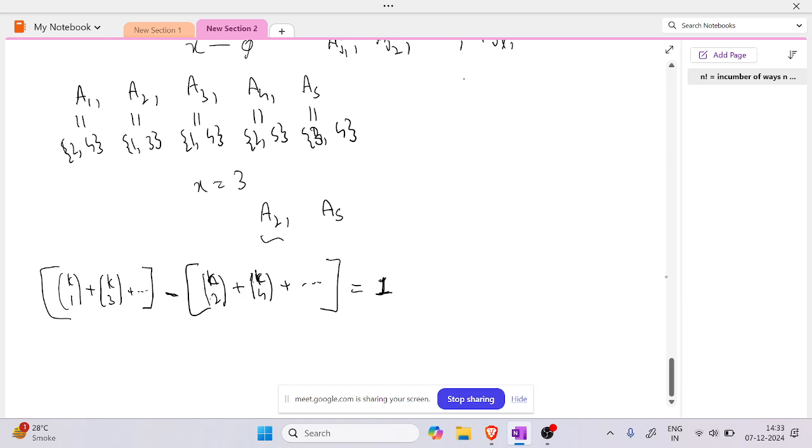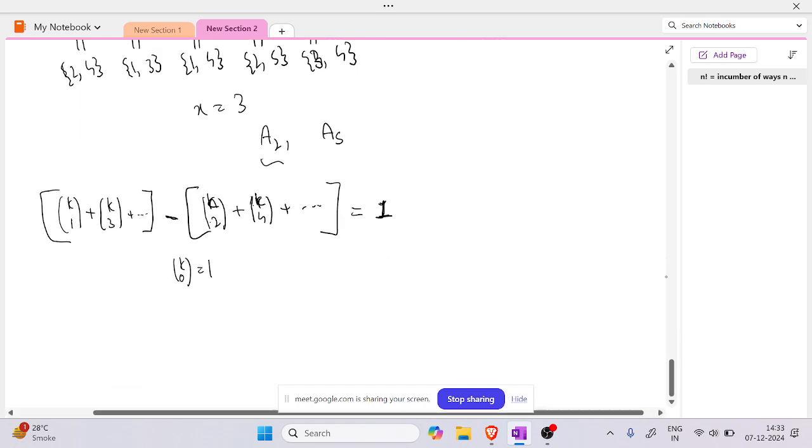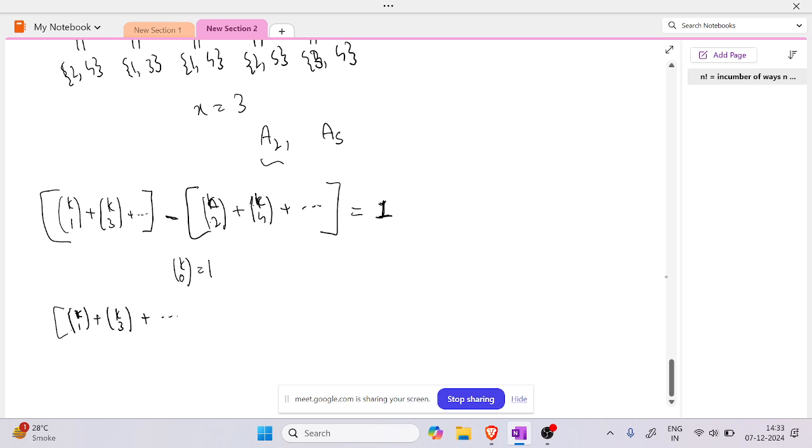So let's assume that we added kC0 as well, and kC0 by definition we saw above is always 1. So we now need to show that kC1 plus kC3 plus... equals, now since we added kC0 as well, kC0 plus kC2 and so on.